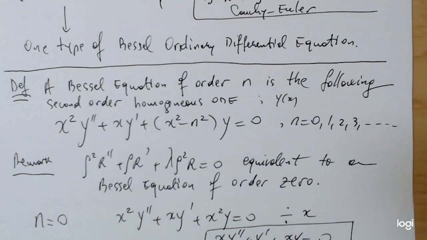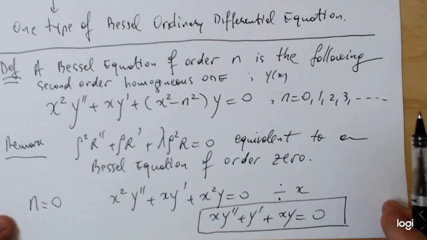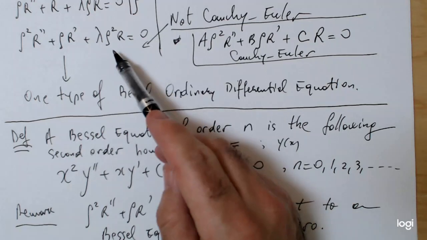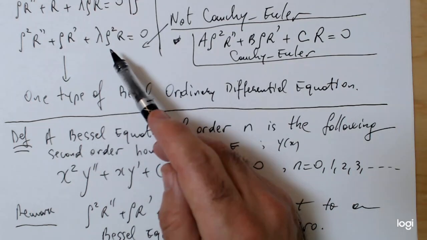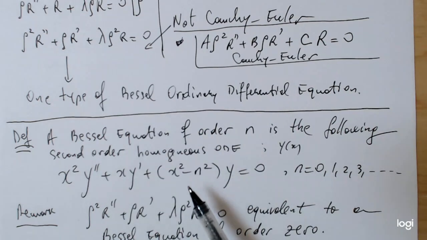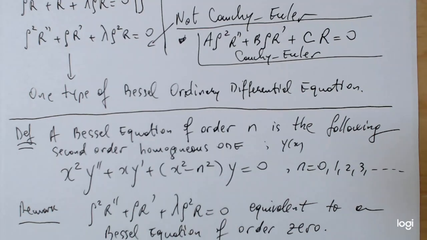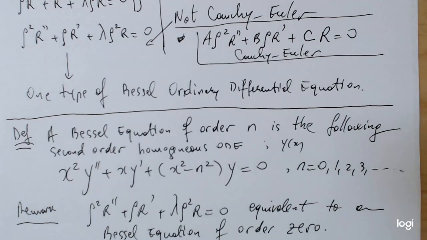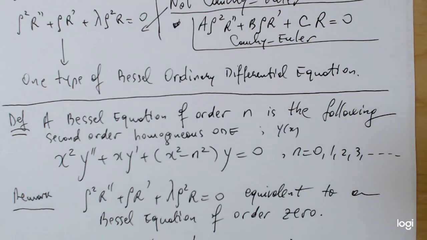In the next lecture, first of all, we're going to show that indeed this is equivalent to a Bessel equation of order 0, because notice there is this pesky lambda here that makes it a little bit different than what we have in the general definition. And then from that point on, we're going to study properties of solutions of these Bessel functions, which are solutions to the Bessel ODE. And that's it for today.